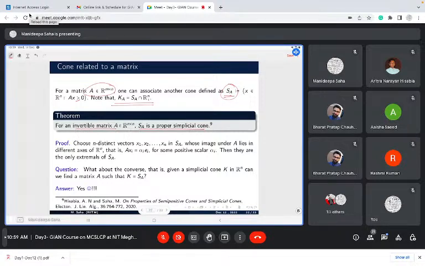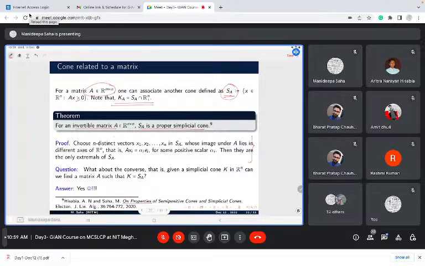It is in that particular paper. One can see that it is generated by, I haven't written it down, the columns of A inverse. The proof you can find; I haven't written it here.